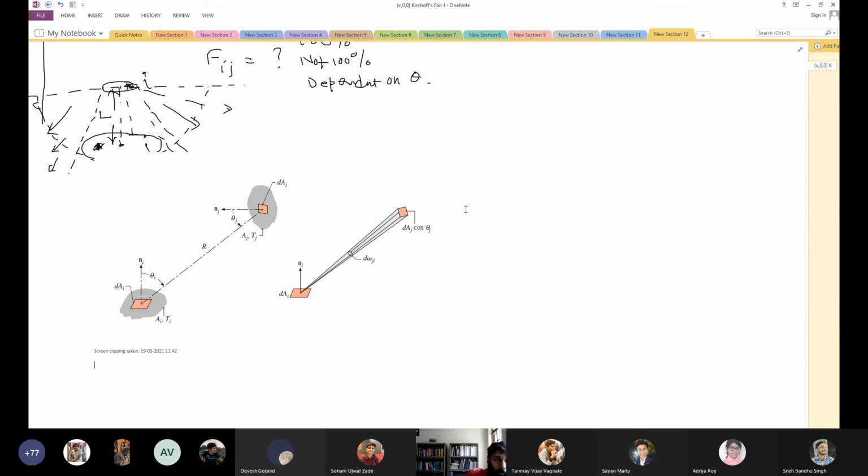If I draw a normal to surface i, it gives Ni. The angle between Ni and the line joining the two surfaces is theta i. The angle between Nj and the line joining the two surfaces is theta j. Clear?